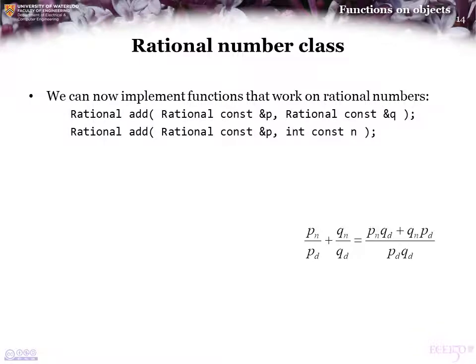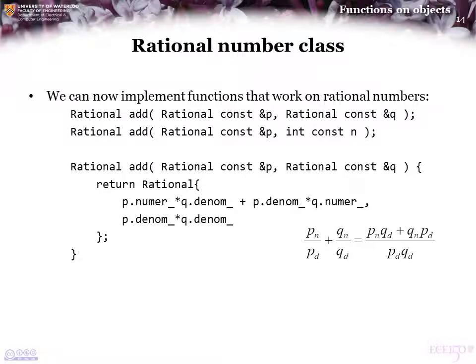Now, from elementary school, you know this is the formula for adding two rational numbers. The numerator of the first times the denominator of the second, plus the numerator of the second times the denominator of the first, over the product of the two denominators. So this is something that we can implement easily enough in C++.